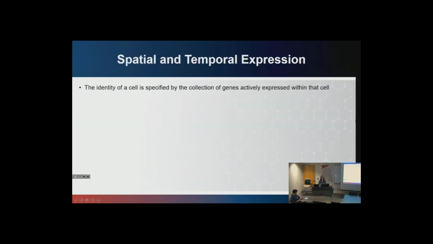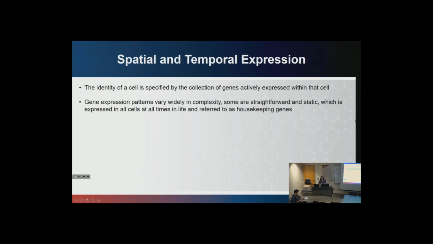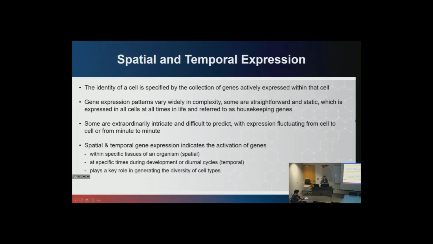The identity of a cell is specified by the collection of genes actively expressed within that cell. Gene expression patterns vary widely in complexity. Some are straightforward and static, expressed constitutively in all cells at all times in life, and referred to as housekeeping genes. But some are extraordinarily intricate and difficult to predict, with expression fluctuating from cell to cell, from minute to minute.